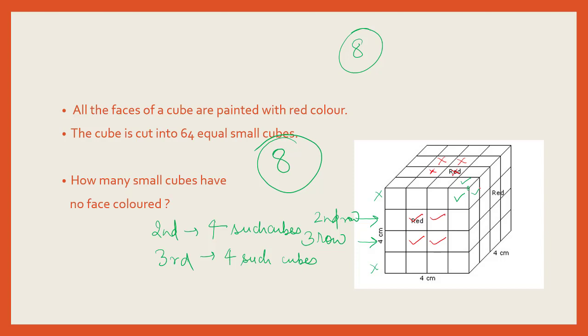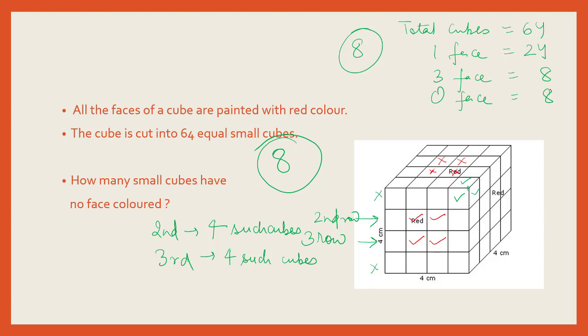Okay, and if it is asked how many cubes have 2 faces visible, then total cubes were 64. One face visible is 24. 3 faces visible is 8. 0 faces visible is 8 again.